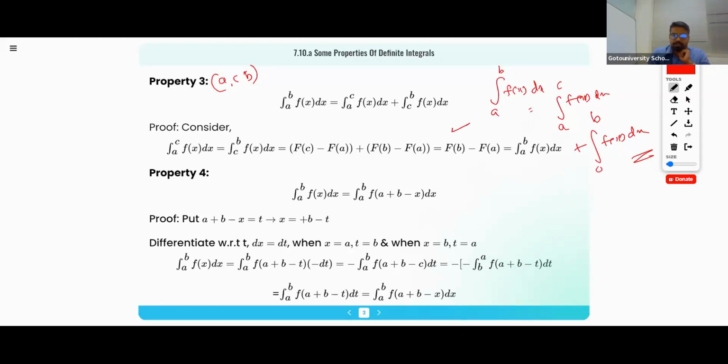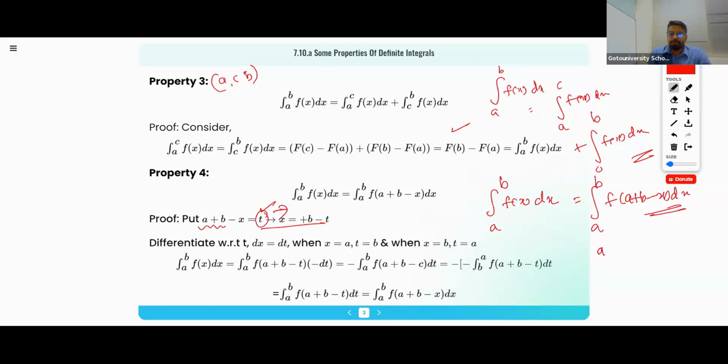The next one: the integral from a to b of f of x dx is always equal to the integral of f of a plus b minus x dx. That is because you can substitute a plus b minus x with t. When the value of the variable changes, the limit also changes.